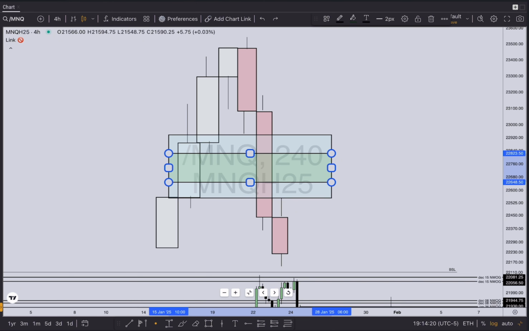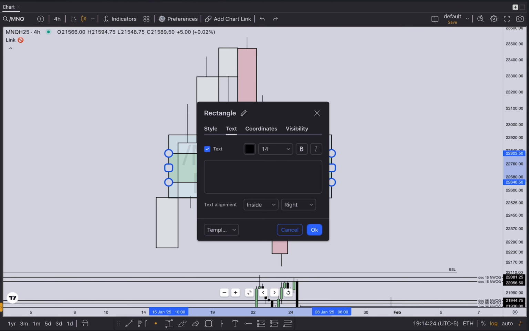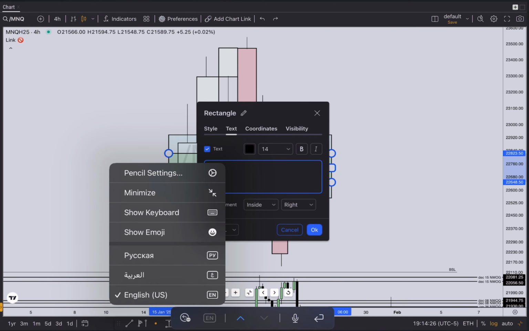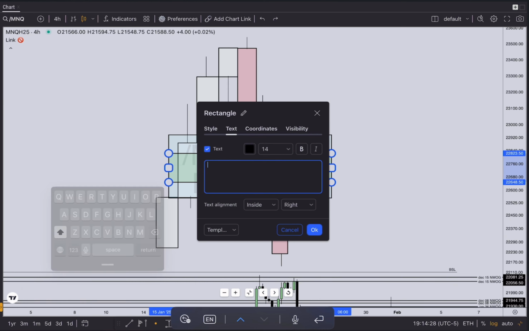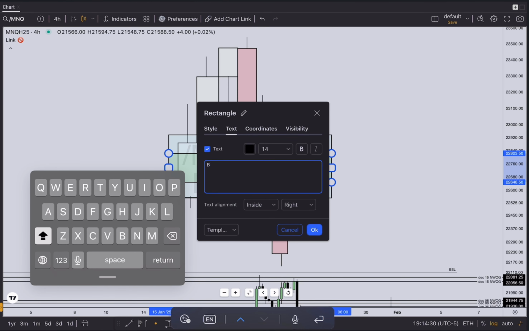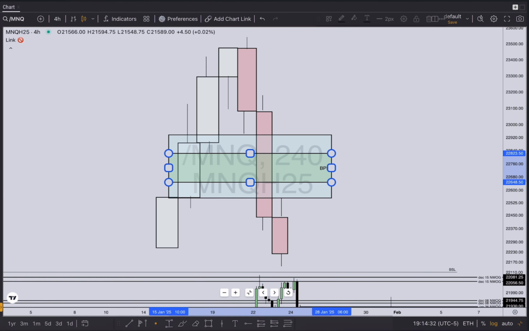So if we bring back the other one and then add text, the BPR becomes this shaded greenish color, right? Now that doesn't mean that we don't have a fair value gap, the bigger fair value gap, this one, but it means that the balanced price range is the shaded area.